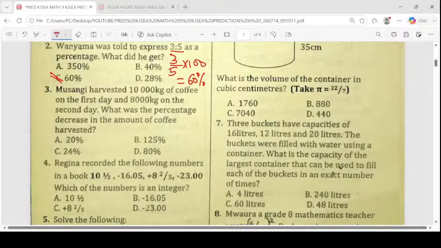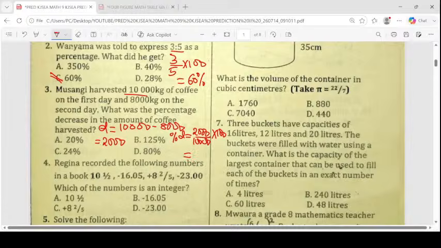Before getting the percentage decrease, let us first get the decrease. You take the original, which is 10,000, less the new 8,000. So there was a decrease of 2,000. To compute the percentage decrease, you take the decrease, 2,000, divide by the original value, 10,000, then multiply by 100%.